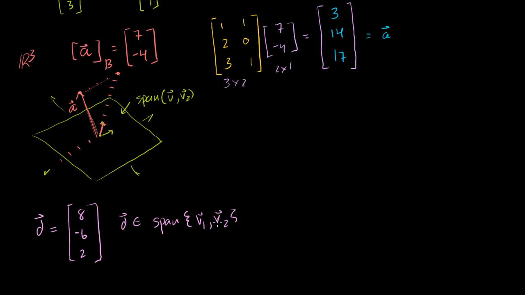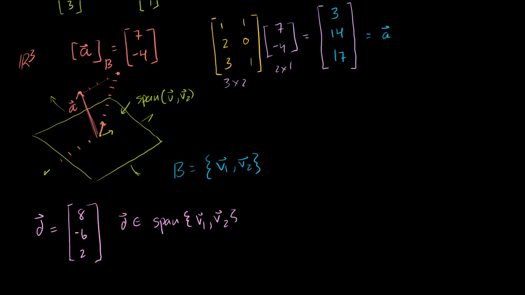Which tells us that D can be represented as a linear combination of these guys, or that D is in this subspace, or that D can be represented as coordinates with respect to the basis B. Remember, the basis B was just equal to the set of v1 and v2. That's all the basis B was.